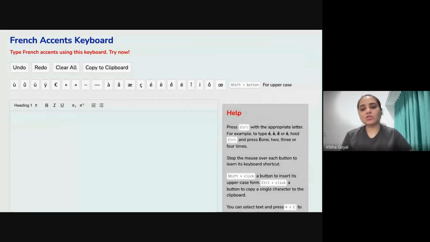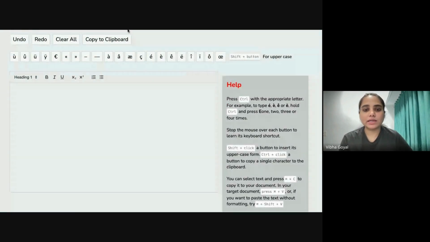We made this because we saw a lot of students had trouble typing the accents. They would send us the homeworks without typing the accents in, and they would just mention in a comment that for these e's there is this accent, and for these e's there's this accent aigu and whatnot. So you can use this.